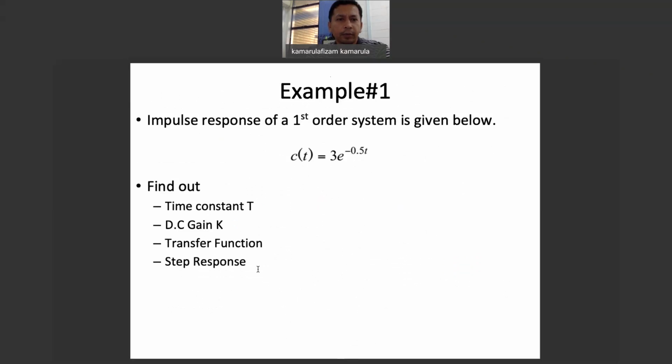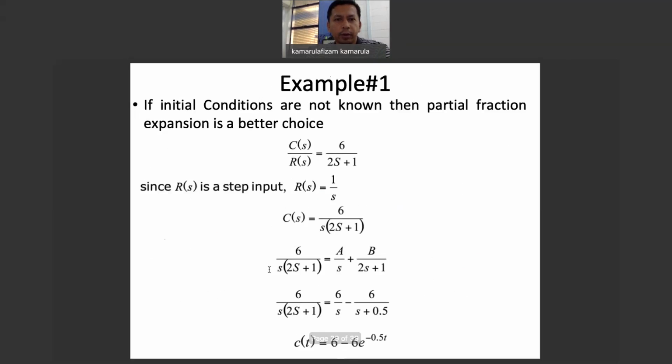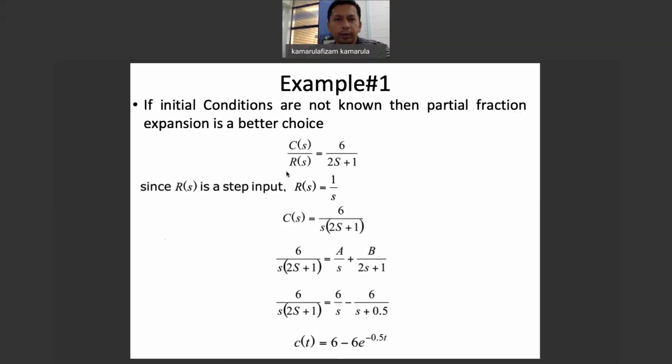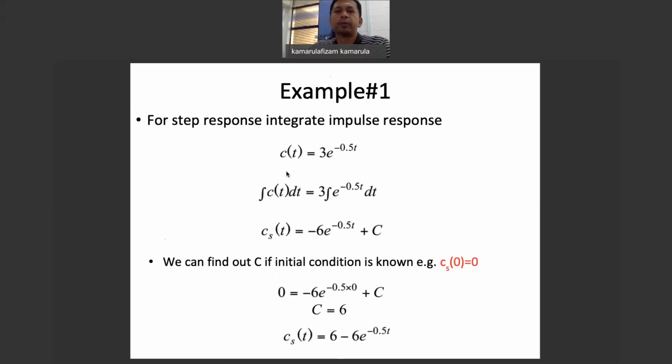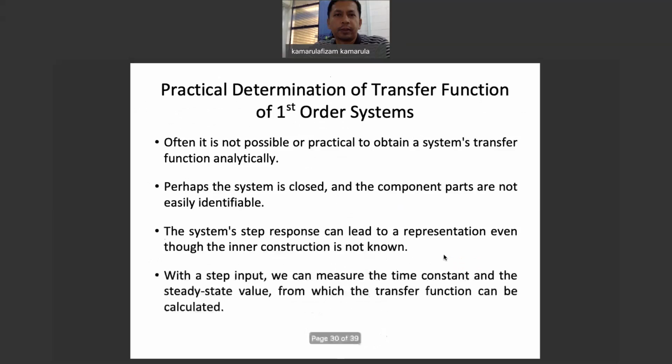To get the step response, you have to integrate your impulse response. From here you solve the fraction equation, and you will get the step response of the system.